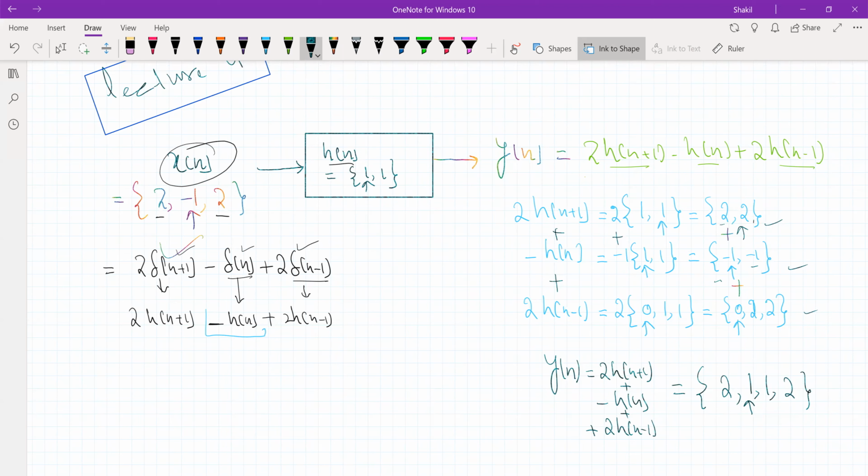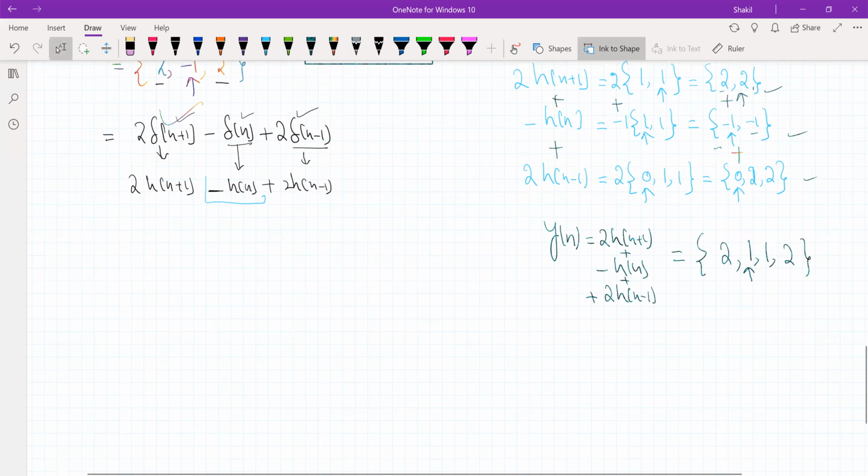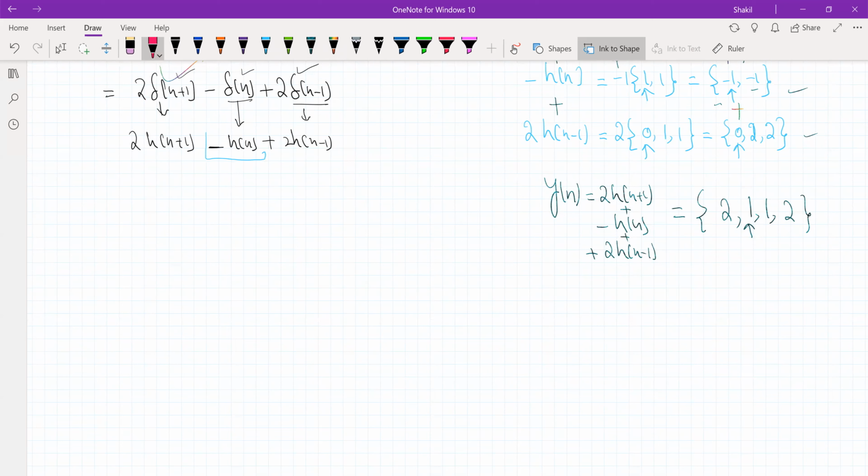Whose impulse response is this? I hope you have got the idea. This is a very, very simple illustration. Now I'm going to give you an assignment that you can do. You have to compute the output of the system whose impulse response is 3, 2, 1, minus 2, and this is the impulse response of the system.